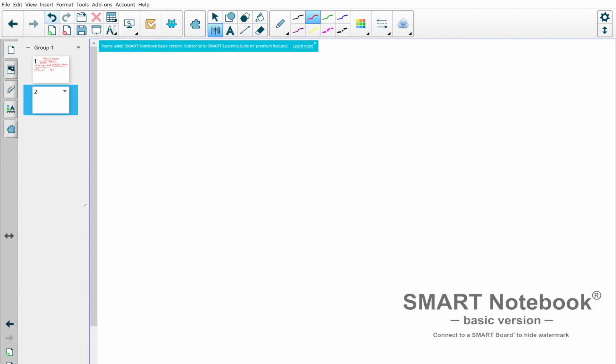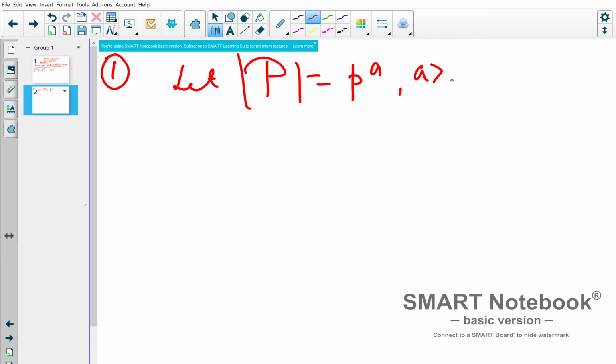Let me start with some of the properties of p-groups. You have a p-group P whose order is p to the a, with a greater than or equal to 1.